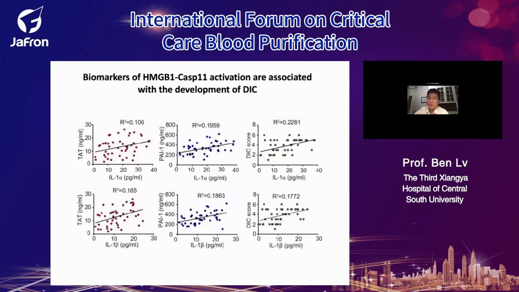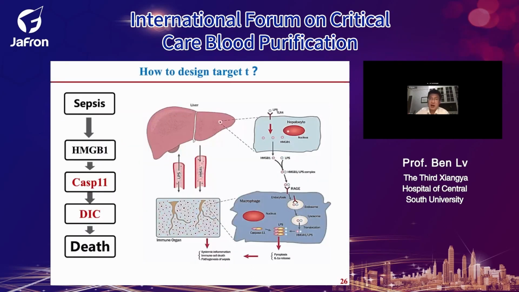So the next step, we wanted to know how to design a target in sepsis: the HMG release, the caspase-11 activation, and then forming the DIC, which promotes organ failure and death.